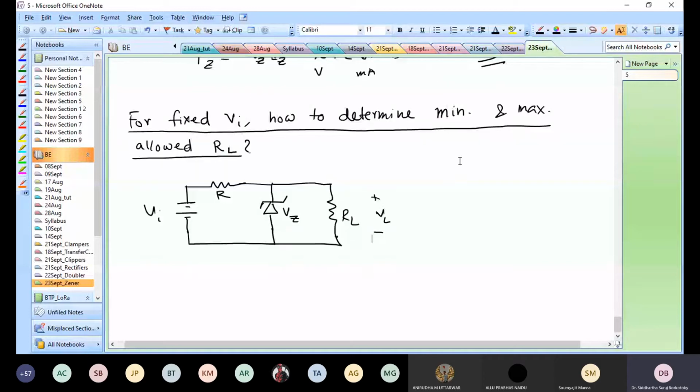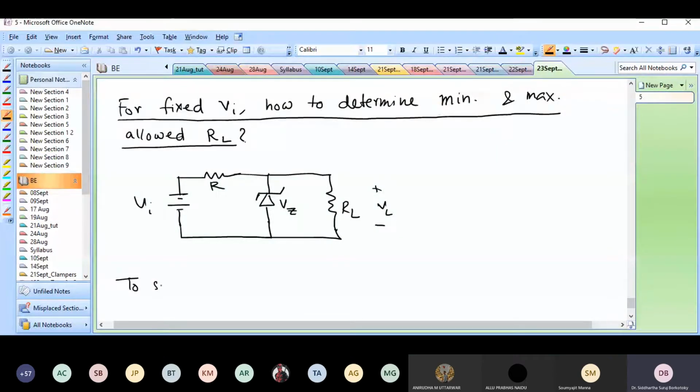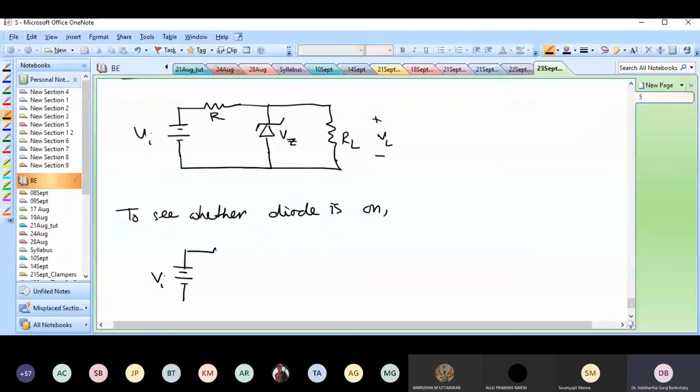Now, what did we first have to do to see whether the diode is on? We first remove the diode and see what the voltage is, with Vi and R, and see what voltage is there.